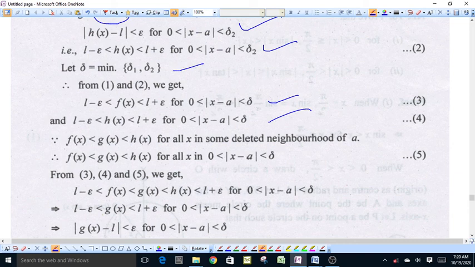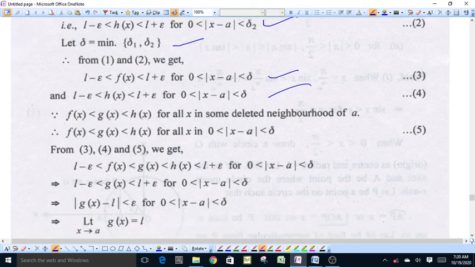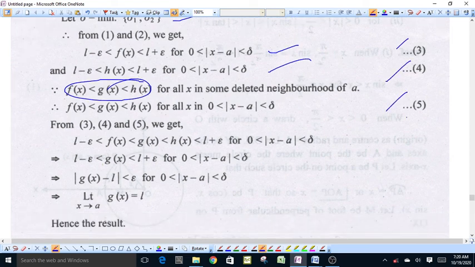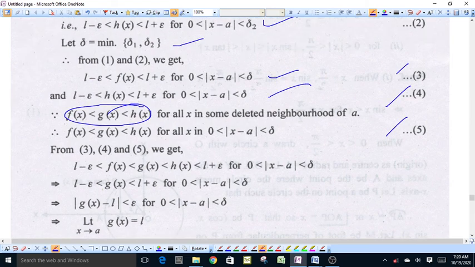Also, f(x) is less than g(x) is less than h(x) for all x in some deleted neighborhood of a, so this condition also holds when |x minus a| is less than delta. Then from the third, fourth and fifth conditions, L minus epsilon is less than f(x) less than g(x) less than h(x) less than L plus epsilon whenever |x minus a| is less than delta.